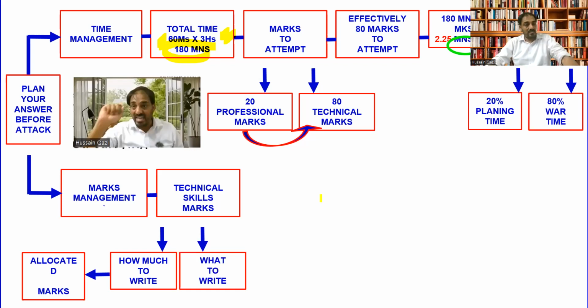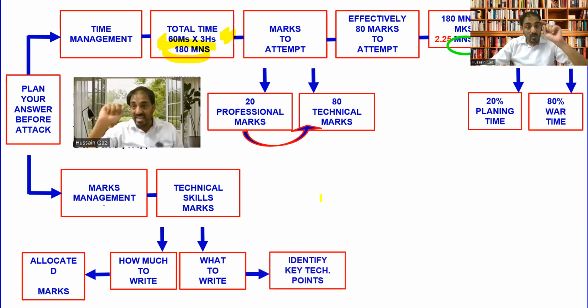Then you need to think, what are the key points that I have to write? Make a pictorial image in your mind or make a draft, quick bullet points that I will write. So whatever you write, you need to identify. First plan, develop the mind.